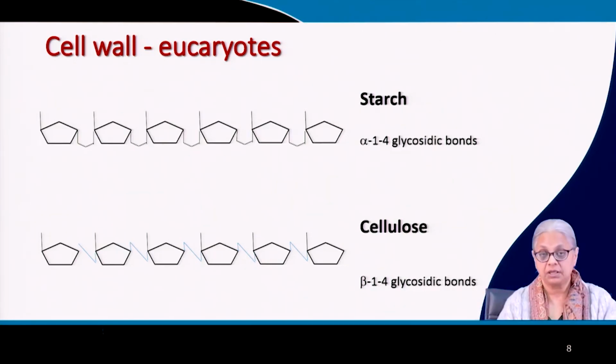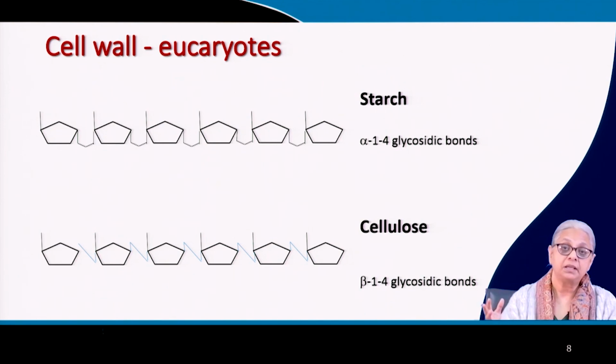All of that is very important for plants as well as algal cells. And starch, on the other hand, is a highly biodegradable material. It provides no rigidity at all. It's in contrast to cellulose, which provides some level of rigidity to the structure, and much of it comes from lignin as well.